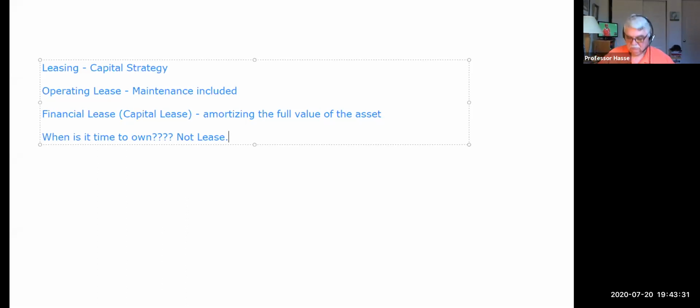What's the advantage to ownership? Depreciation. Tax write-off. Control. That's the advantage to owning. But it has to come to a point in time where all those three things are to your financial benefit.